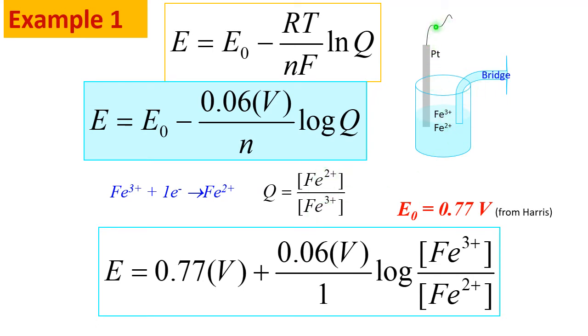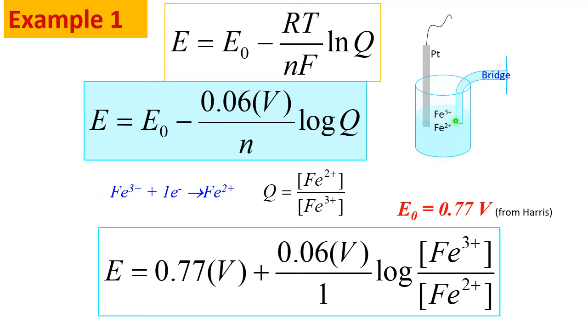Now let's look at examples. Let's consider the system in which a platinum electrode is put in a solution that has Fe3 plus and Fe2 plus ions. We have the Nernst equation for this system in full or in approximation form.